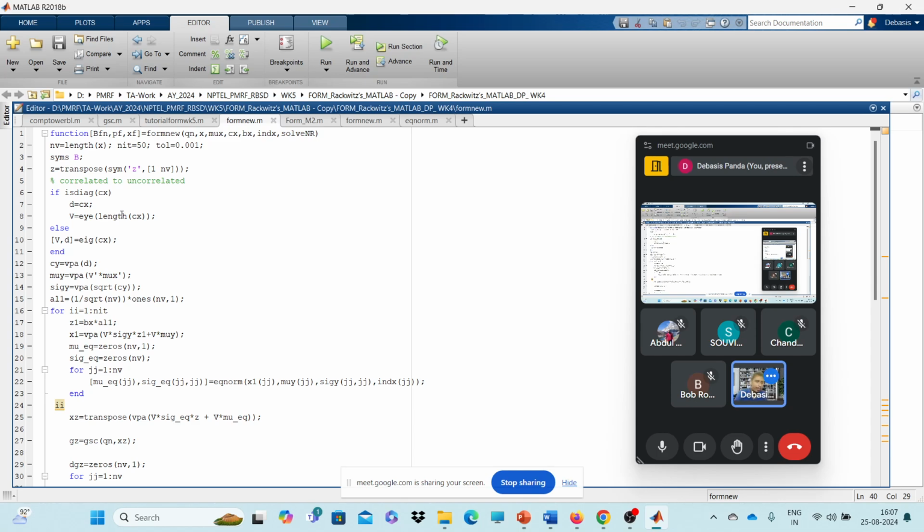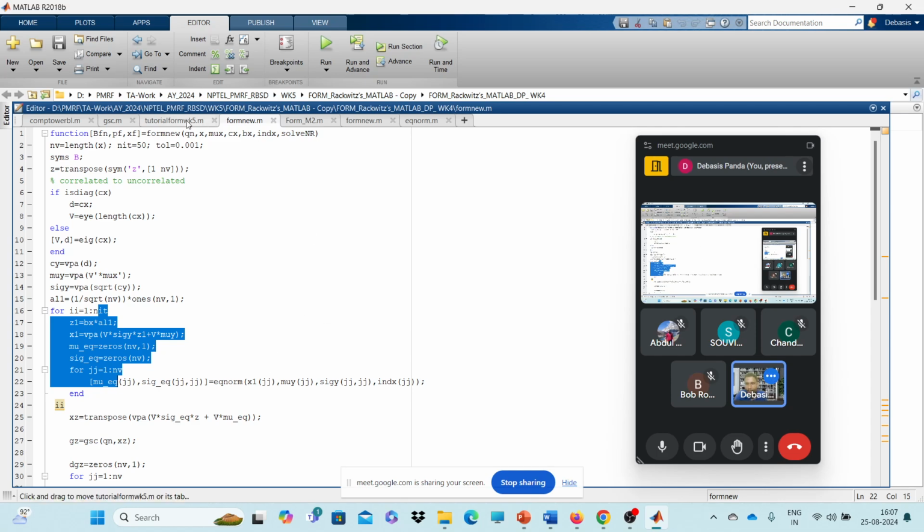For this case there was no off diagonal term, so it will directly bypass, and it will take cy equal to d. That means d is nothing but cx, whatever I have provided. Now it will check whether the equivalent normalization needs to be done or not.